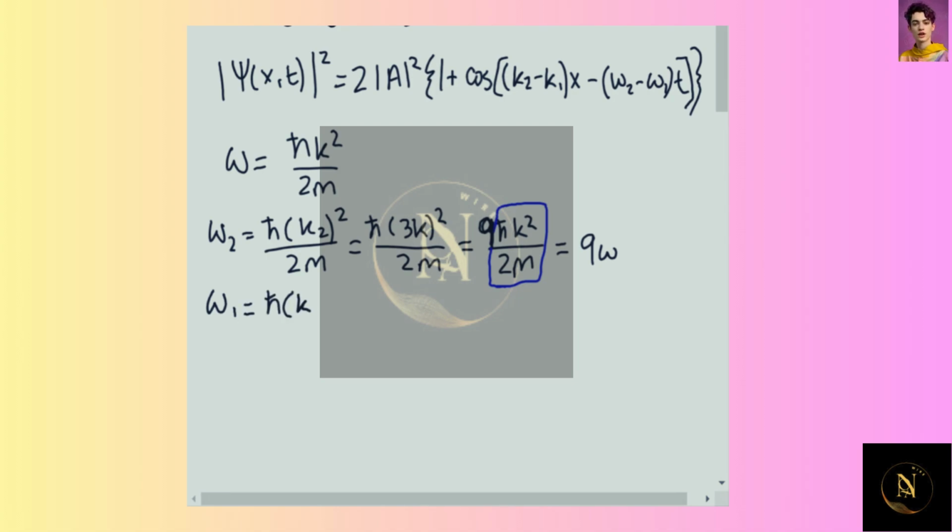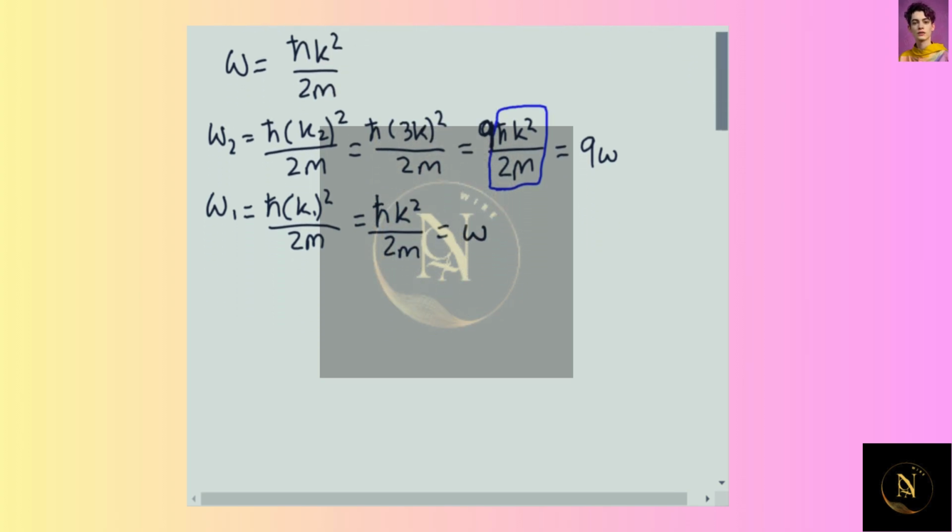We want to plug in k sub 1, which is just equal to k. So now we have h bar k squared over 2m, and this is equal to our original omega. So omega sub 2 is equal to 9 omega, and omega sub 1 is equal to omega.